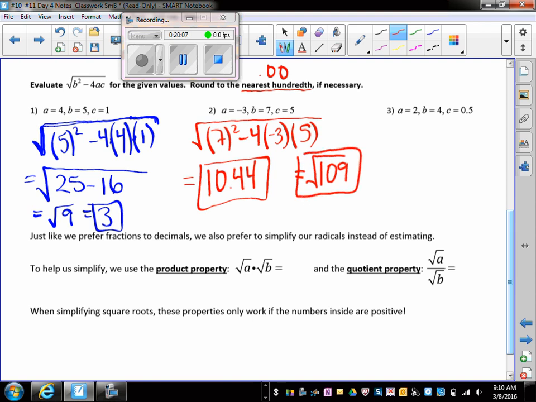This is my exact value. 10.44 is actually just an estimation because it's a decimal that goes on for forever and ever. So we lost all the values that were after 4. So to help us simplify, we use product property and quotient property. So whenever we're able to simplify our radicals, we should. Right? You only give us decimals when we tell you to give us the decimals, and we'll tell you what to round. Alright, so to help us simplify, we use the product property.